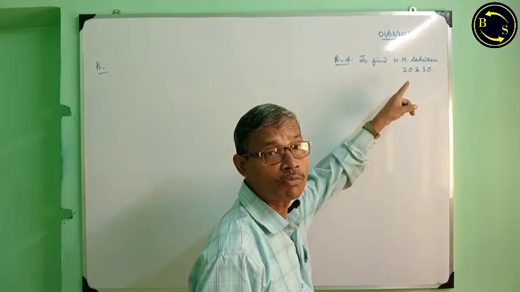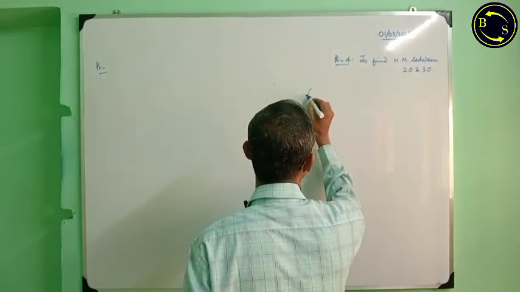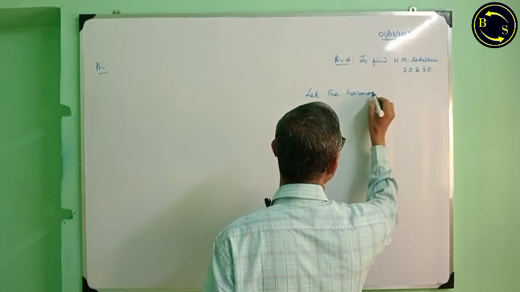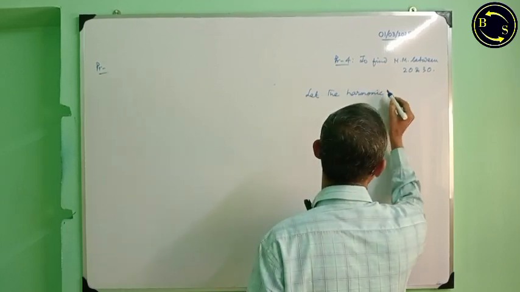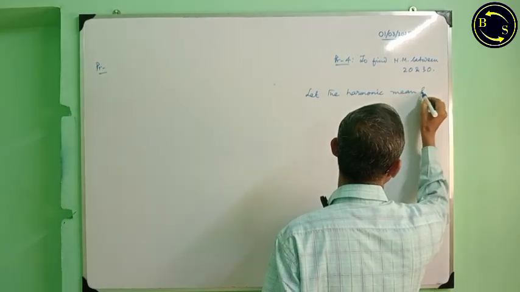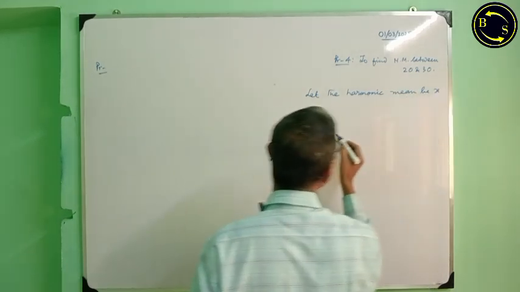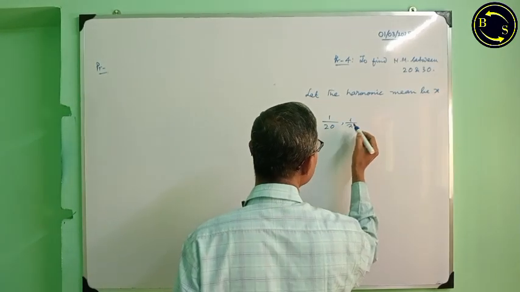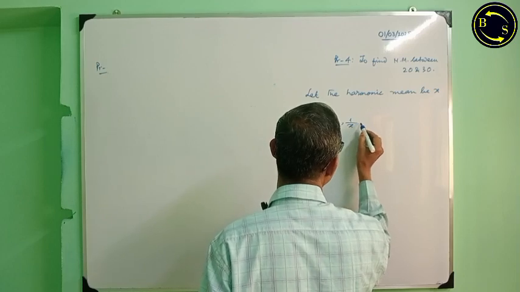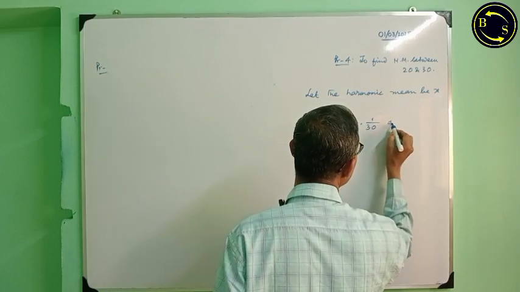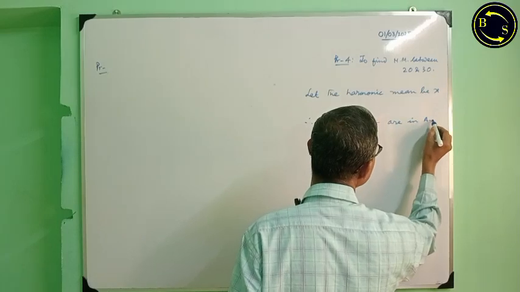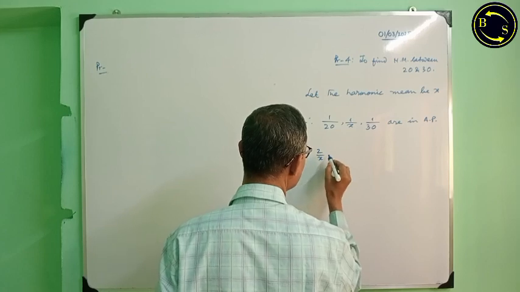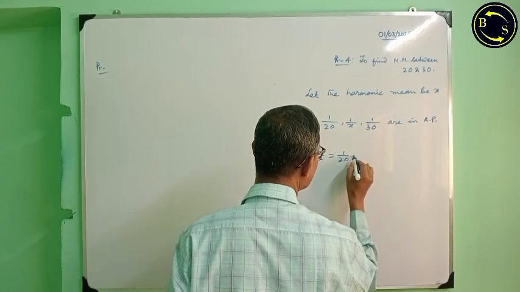We have to find the harmonic mean between this. Let the harmonic mean be x. Therefore, 1 by 20, 1 by x, 1 by 30 are in it. Therefore, 2 times the middle, 2 by x is equal to sum of the extremes.